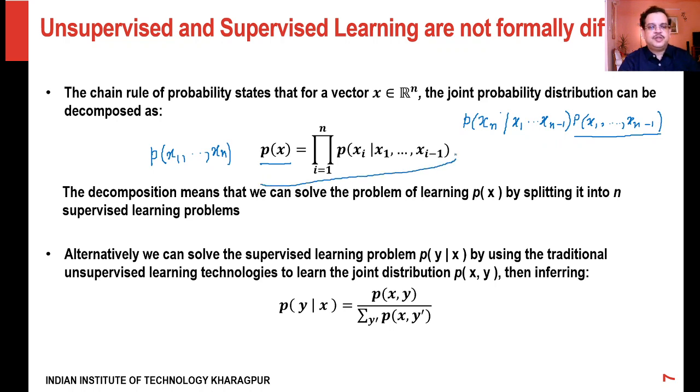Now with this expression, what I essentially get is that the unsupervised learning problem, where I try to learn this, is a set of supervised learning problems, because I can use supervised learning to learn the probability of xn given x1 through xn minus 1, then the probability of xn minus 1 given x1 through xn minus 2, and so on and so forth.